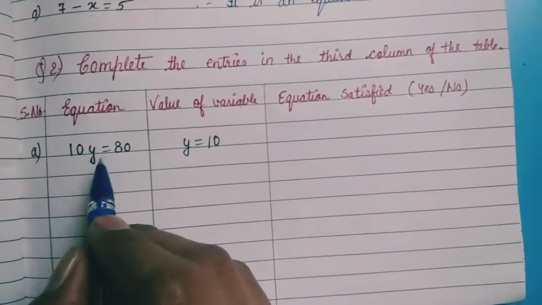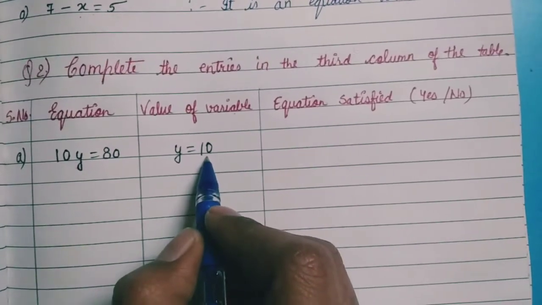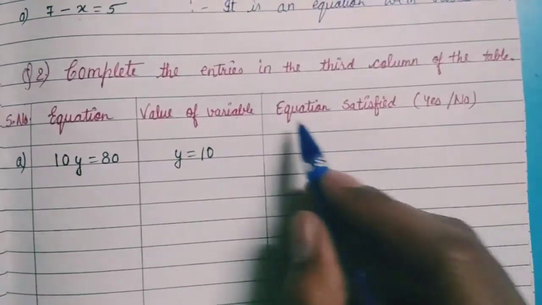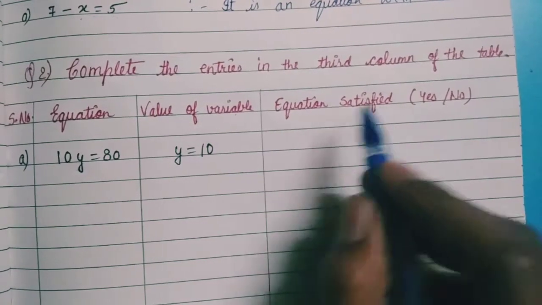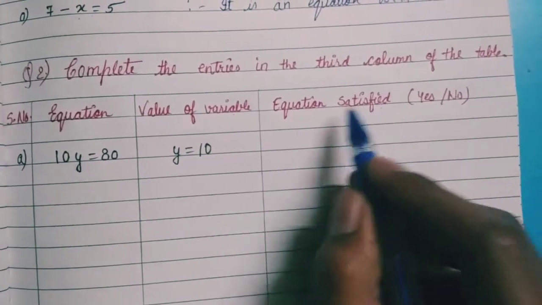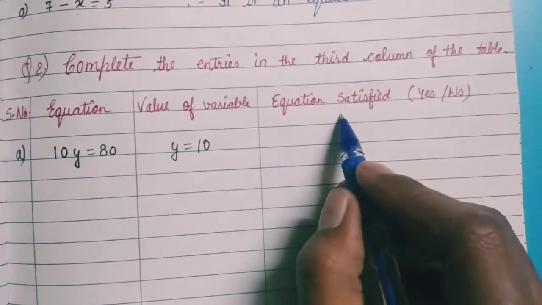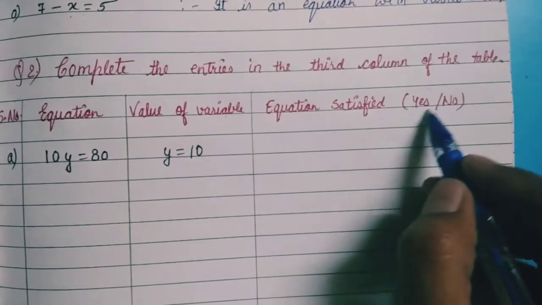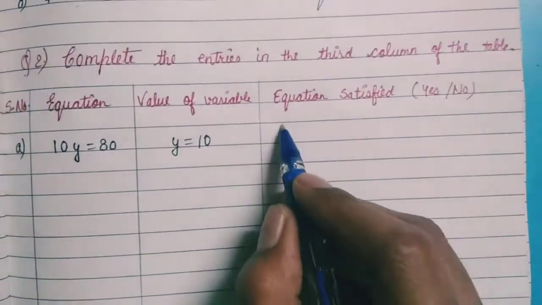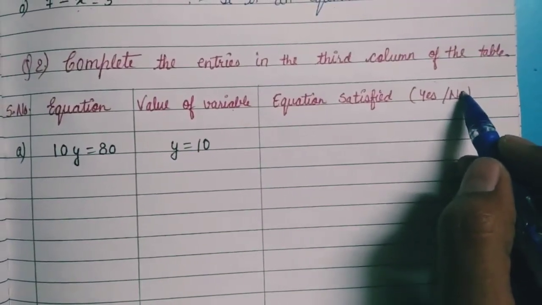Here in A1 we have y and the y value is 10. We have to fill the third column with equation satisfied. Equation satisfied means that we are getting LHS is equal to RHS. If it is right, we will fill with yes. And if it is not equal, we will fill with no.